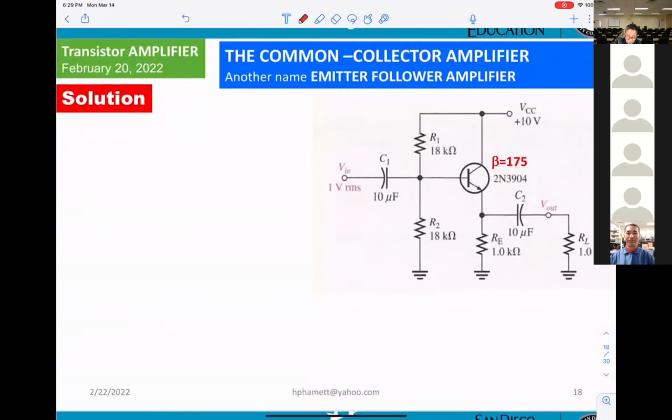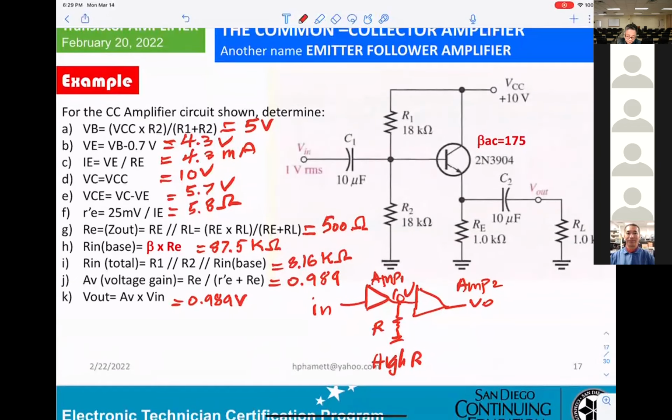Mr. Pham, one real quick question. On that schematic there, is that typical for the common collector? The collector side will not have a resistor. Is that typical? Yeah, typical.